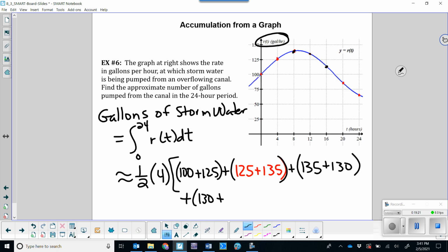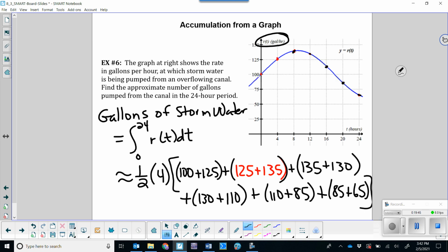It's not quite halfway maybe, so we'll call it 110 plus, and then you'll have 110 plus the next one, which appears to be about 85, and then you'll have 85 again, plus the last one, which seems to be about 65.